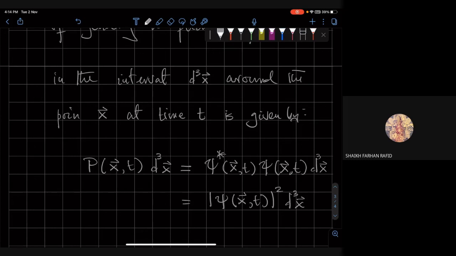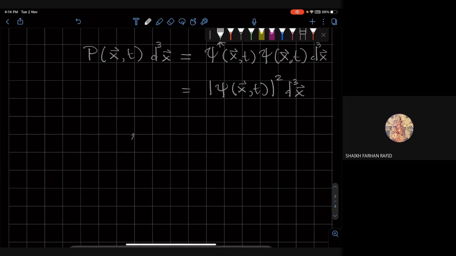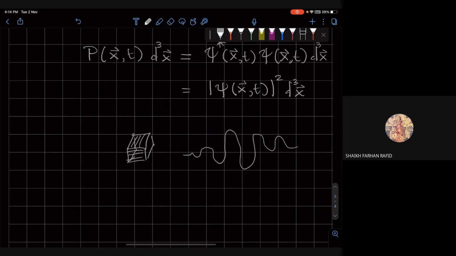So, for example, if I look at a small volume of space, and this is, say, the wave function, and it's moving in this direction with some velocity.